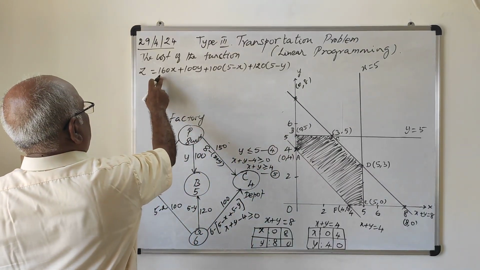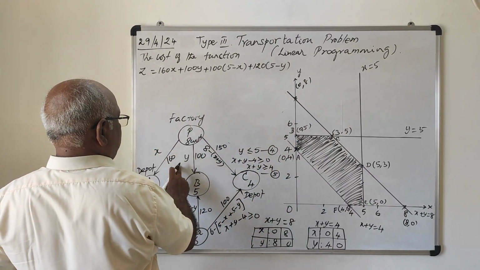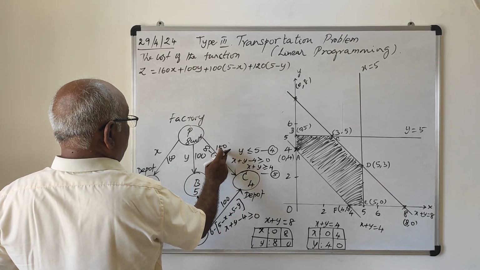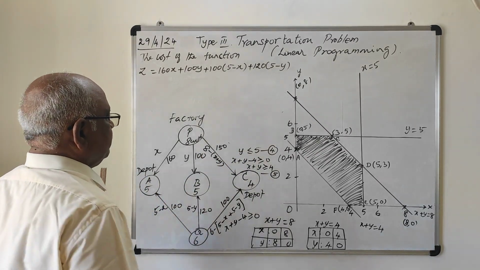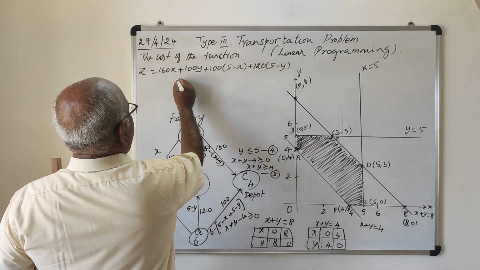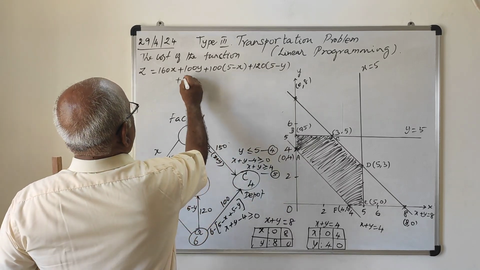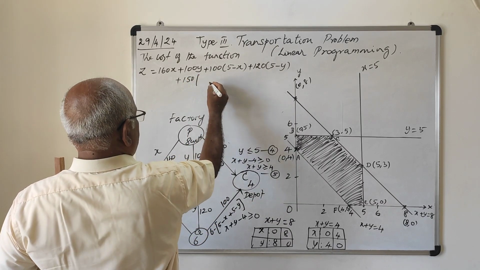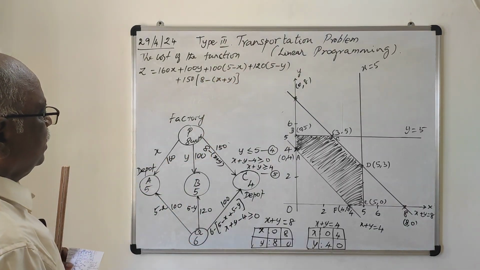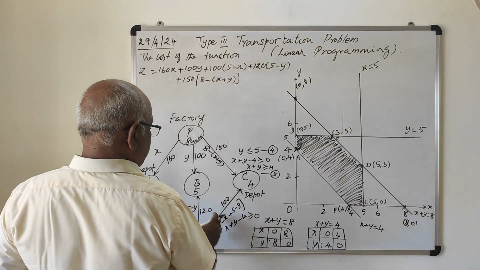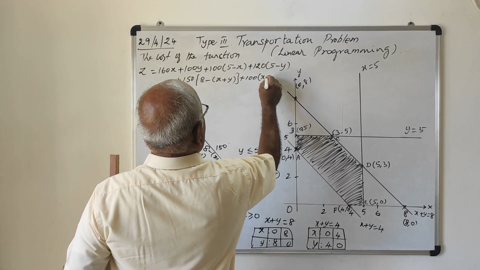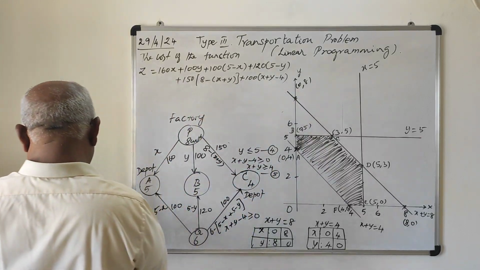This is the objective function. Plus 150 into 8 minus of x plus y, and plus 100 into x plus y minus 4. This is the required function.